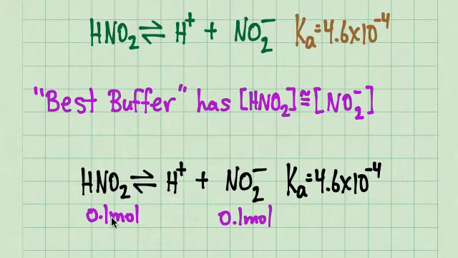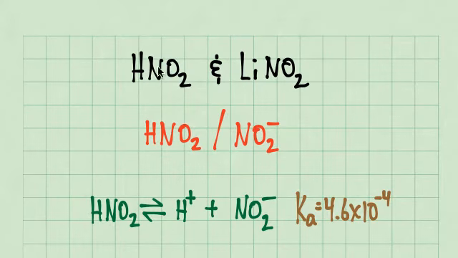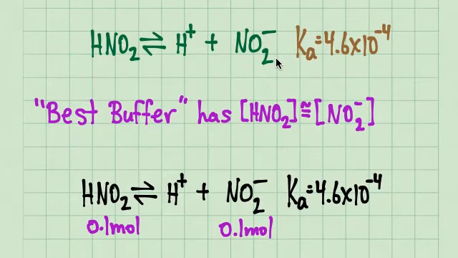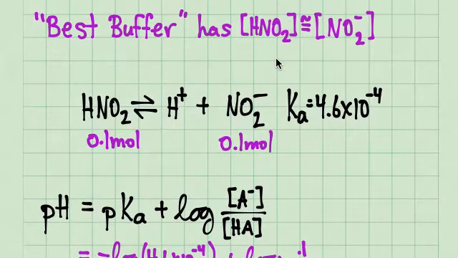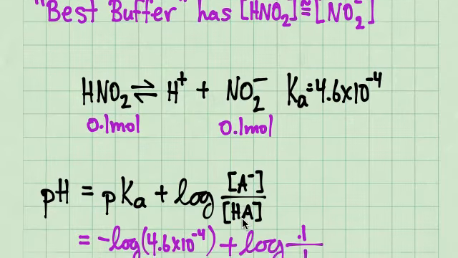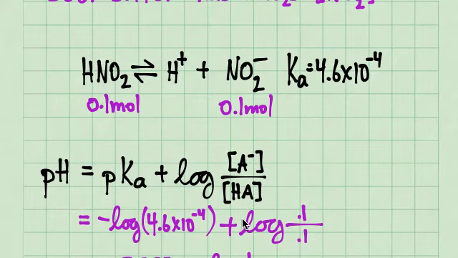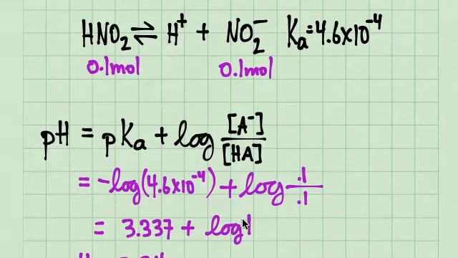Anyways, if I had a tenth of a mole of this and a tenth of a mole of this, or in other words, a tenth of a mole of this and a tenth of a mole of this salt in the same water, the same container, what would be the pH? Well, as you can see, if this amount's equal to this amount, then this ratio is 1, and conveniently the logarithm of 1 is 0.